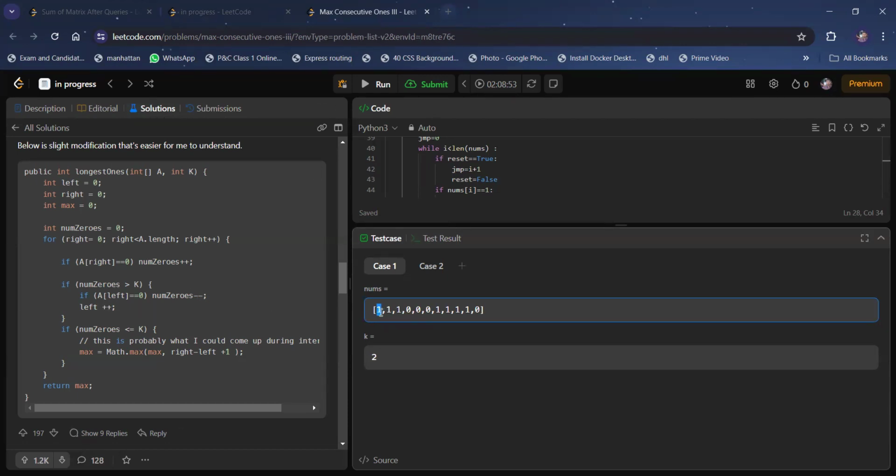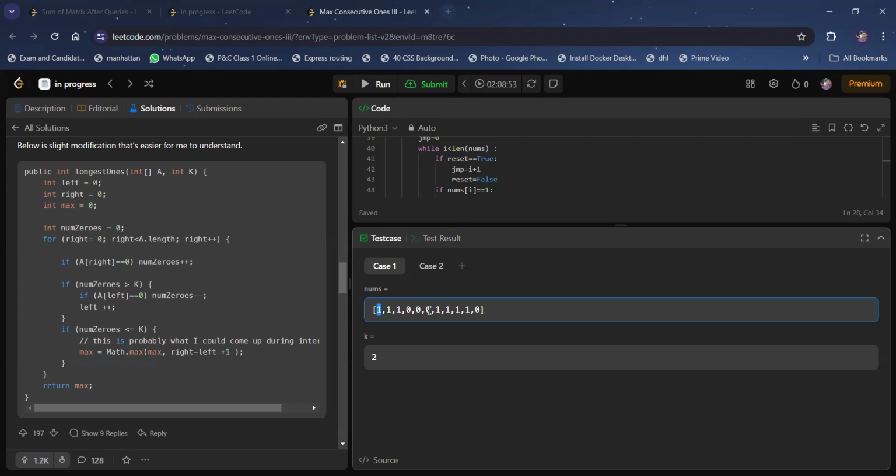I'm doing this because left is increased from zero to one, and since I've already seen a zero and I'm leaving that zero, the number of zeros will be reduced.